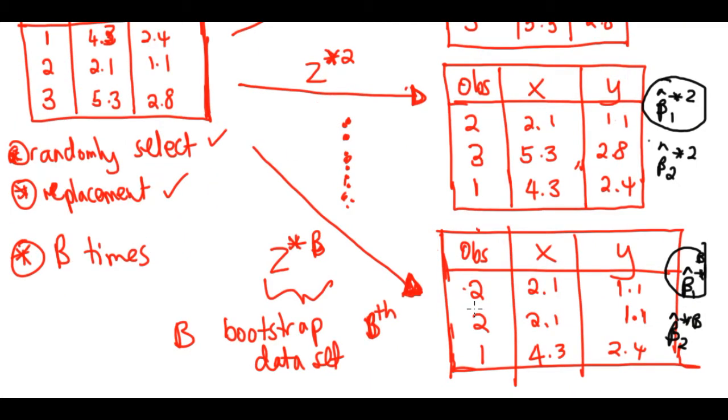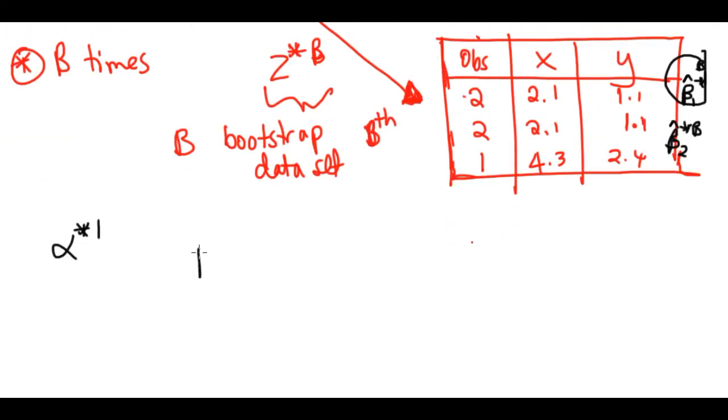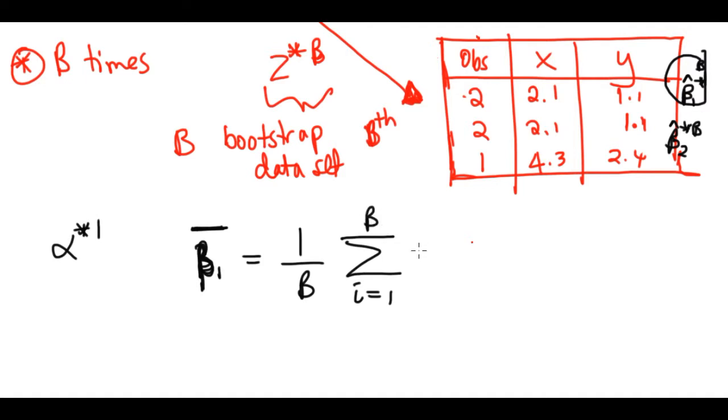So for beta 1, we can now calculate the mean, just like we had the ultimate estimator for alpha. The ultimate estimator for beta 1 is going to be 1 over B, summation of i equal to 1 up to B, of beta 1 estimate from bootstrap i.